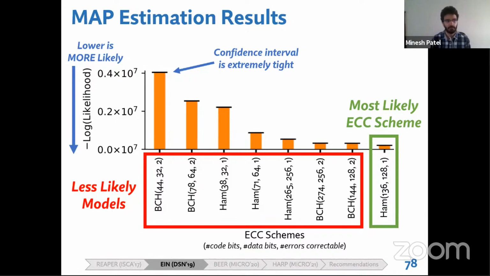The second point I want to make is that we believe it is unlikely that we would miss the correct scheme because, for example, on-die ECC mechanisms are very latency sensitive, area sensitive, and energy sensitive, and are built into the memory chip itself. And so there's a relatively small number of feasible mechanisms to use.